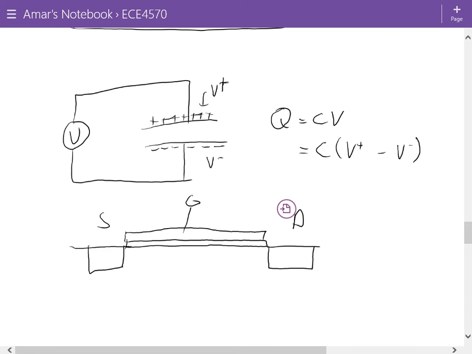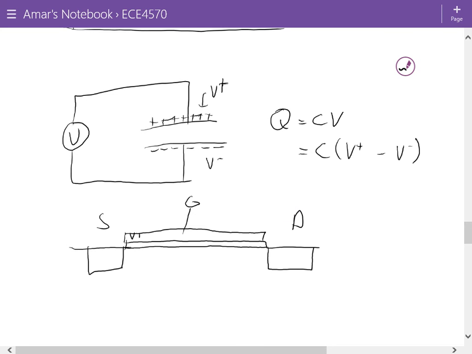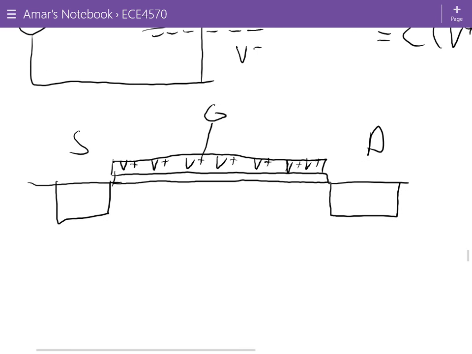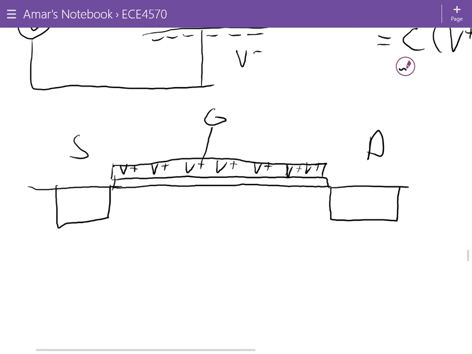So whatever voltage you apply here, that voltage is the same everywhere here. So we're going to call this V plus. The value of V plus is the same everywhere in the gate. V minus is the voltage in the channel here. So this is the channel voltage.